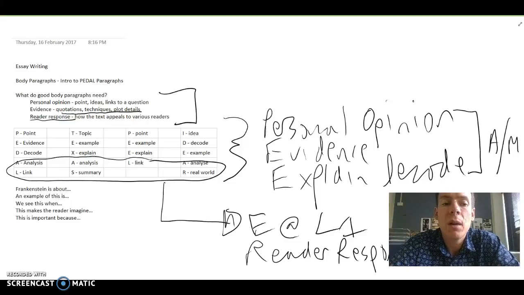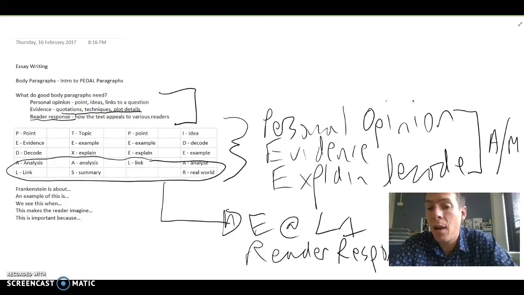So you may be talking about how a reader would feel scared when the writer's using negative connotations, or you might talk about how a reader would be reminded of an idea about science, bad scientific progress, like cloning sheep, at a moment where you're looking at Dr. Frankenstein's analysis and development of the monster.